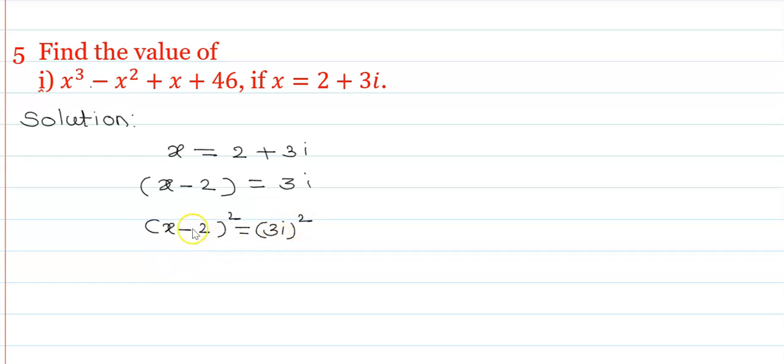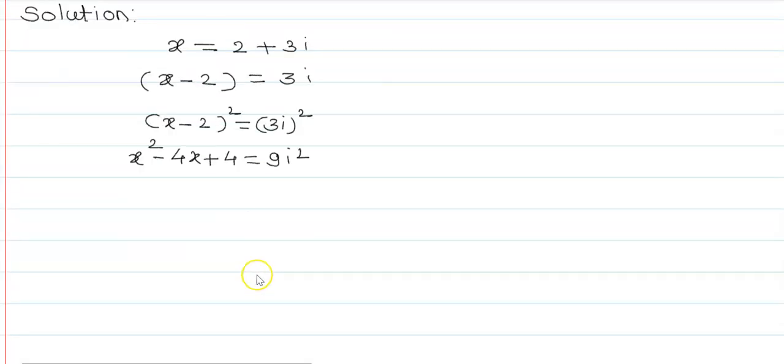Okay. x minus 2 bracket square means what? x square minus 2 into x into minus 2 into plus 2, that is minus 4x, minus 4x plus 4. 3i bracket square means what? 9i square.